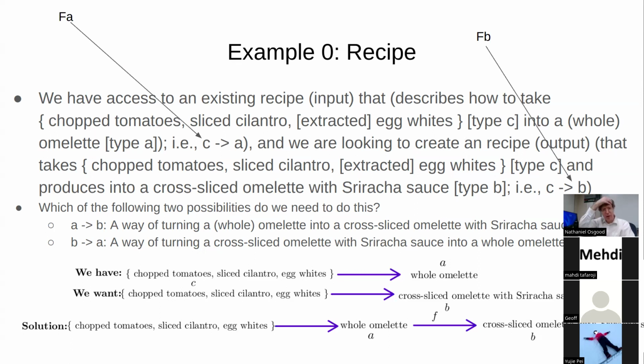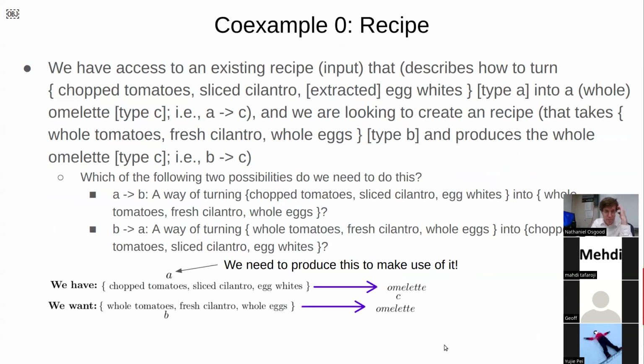And what I'm telling you is that we're now going to examine a case where we have the contravariant need, okay? And this is what we're going to do. This is the co-example for this example 0.